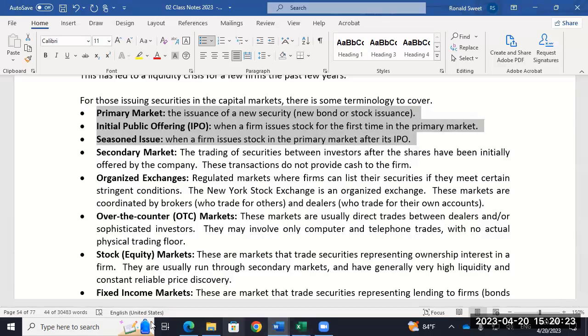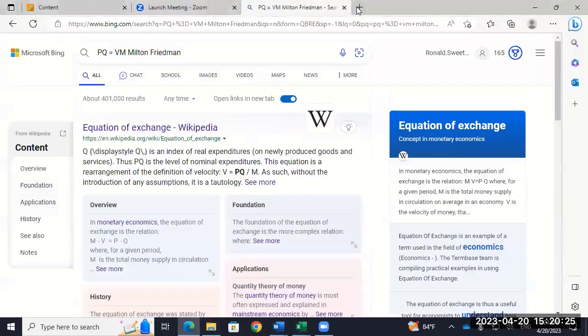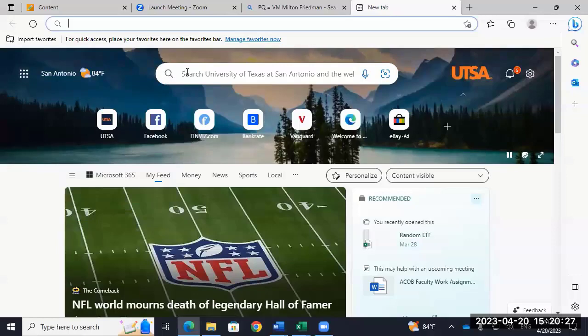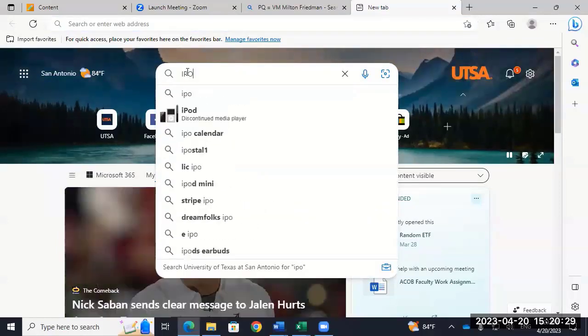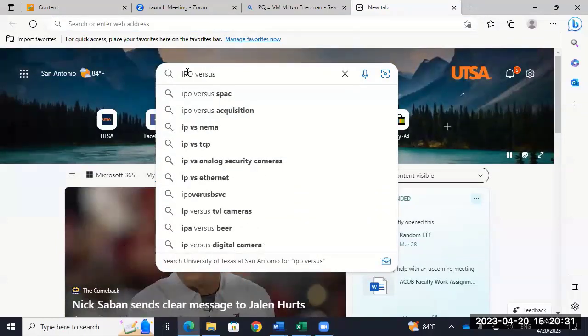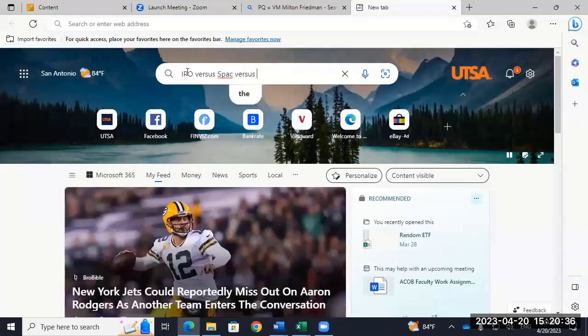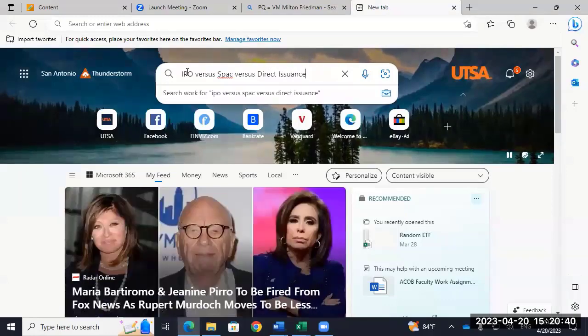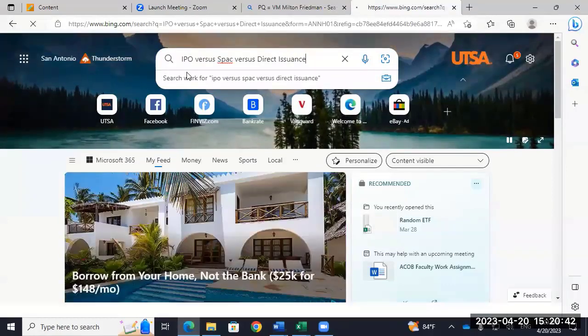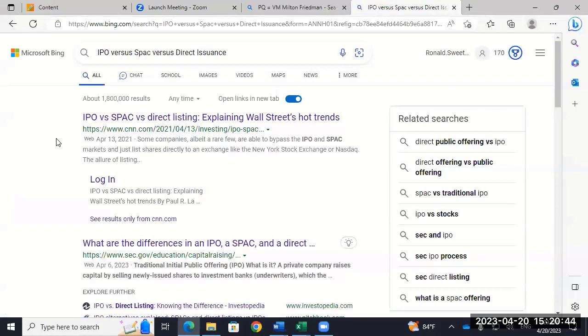This part of the market is changing quite dramatically. For primary markets, I can't even remember the names of all of them. You've got IPOs versus SPACs versus direct issuance. Brian, this would have been a great topic for you to come in. I think you mentioned SPACs in one of yours.